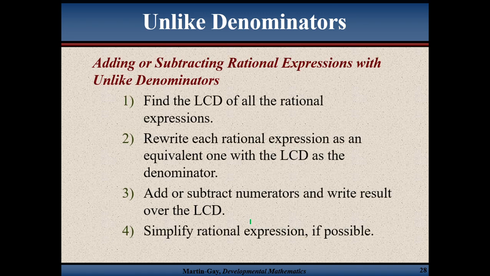Adding or subtracting rational expressions with unlike denominators: find the LCD of all the rational expressions, or write each rational expression as an equivalent one with the LCD as the denominator. Add or subtract numerators and write the result over the LCD. Simplify the rational expressions if possible.